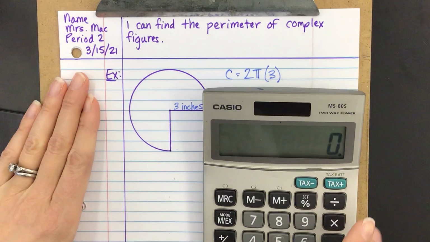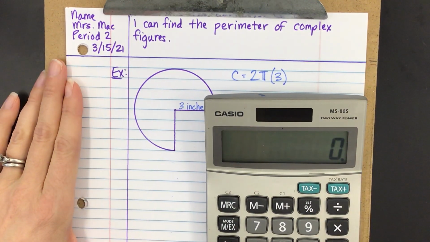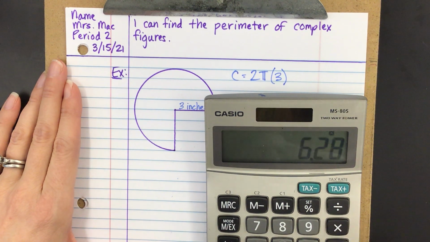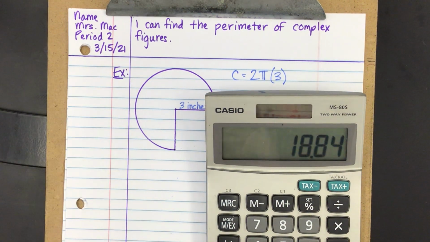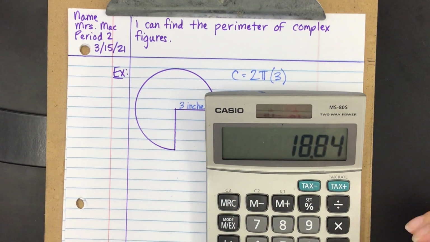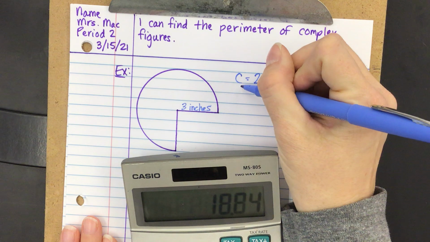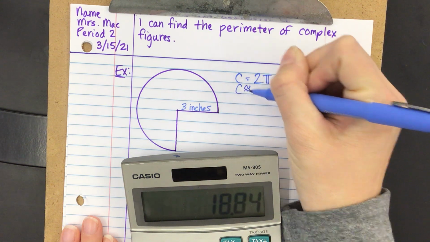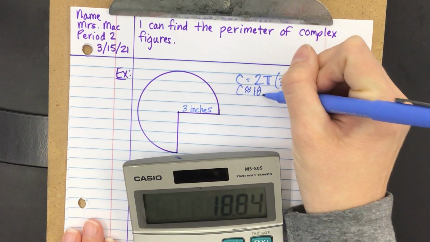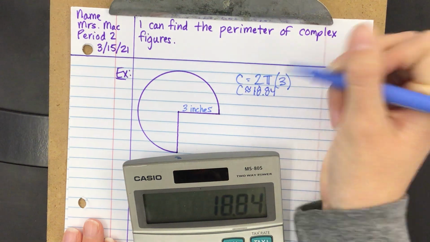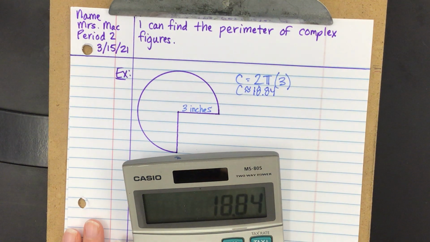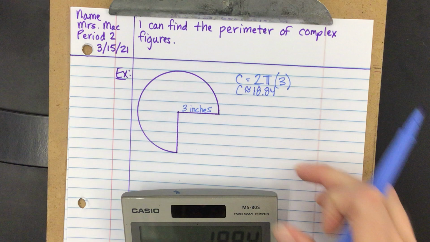Okay, so 2 times 3.14 for pi times 3, and you get 18.84. So the circumference of this object is approximately 18 84/100ths.